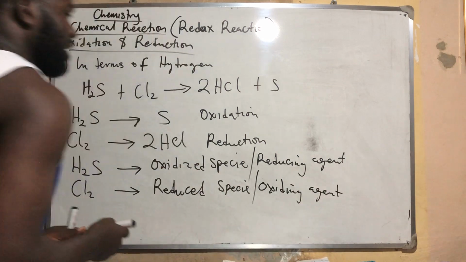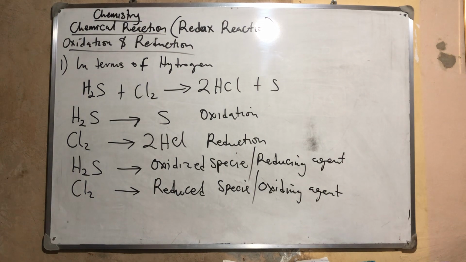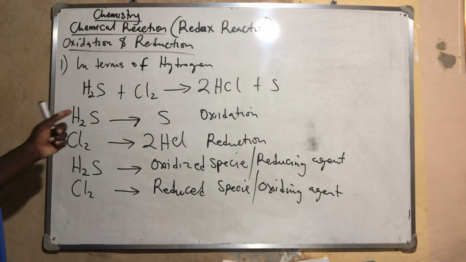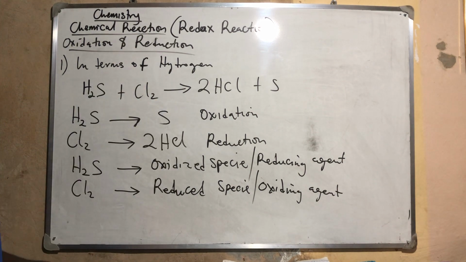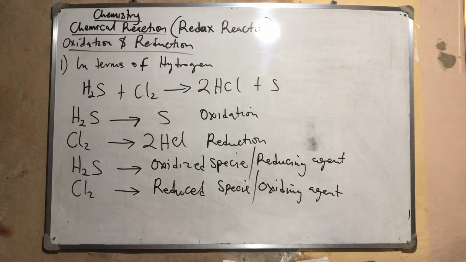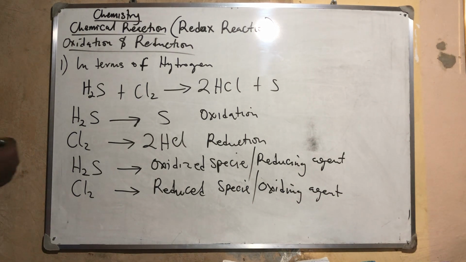So please, anytime they ask you agent, look for the other one, because if you try to find reducing agent by yourself, you will not think that it is gotten from reduction. You will make a mistake. So instead of finding reducing agent, please find oxidized species. Oxidized species is the same as reducing agent.